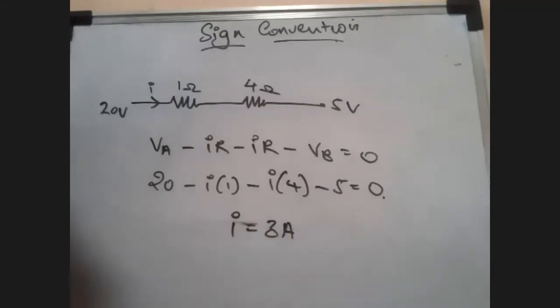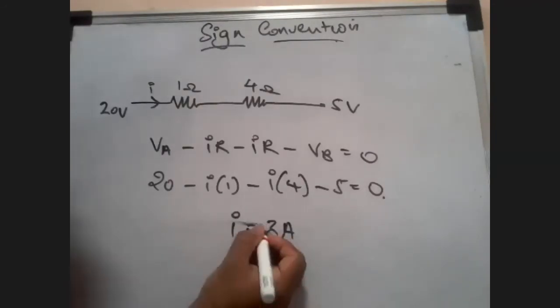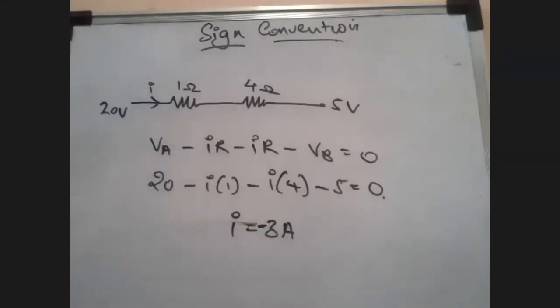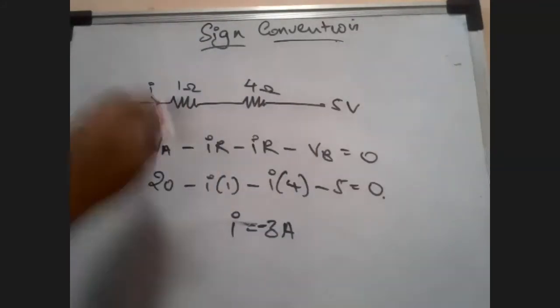But if I tell you that I get a negative value of 3 amperes, is the answer going to be wrong or right? What is the meaning of negative 3 amperes? The direction we have taken is opposite, so it is not a wrong answer. If you get negative 3 amperes, maybe you have taken the current direction to be opposite.